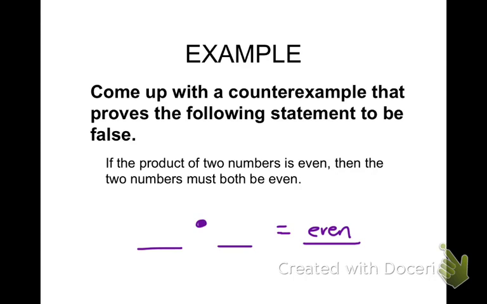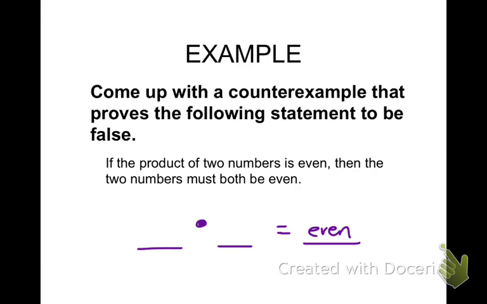That's what's happening. Well, my conclusion is stating that these two numbers must both be even. But for me to have an appropriate counterexample, I need this part, my hypothesis needs to stay true, so this needs to be an even number, but the conclusion needs to be false.